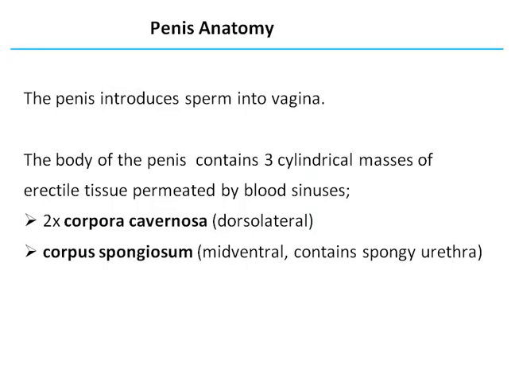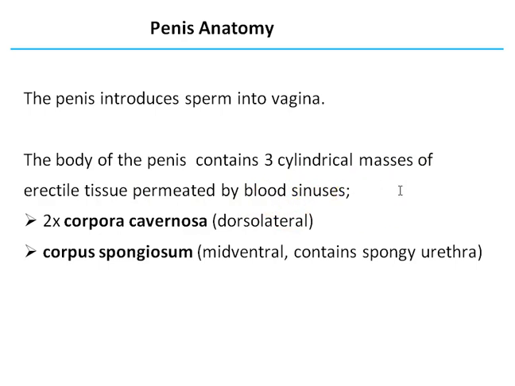The final structure I'll consider with relation to the male reproductive system is the penis, and this is a device to place the gametes, the male sperm, inside the female reproductive system. It does this because it has these masses of erectile tissue. So to be able to contribute to the reproductive process, the penis has to become erect, and there are these three cylindrical masses of erectile tissue to allow that to occur.